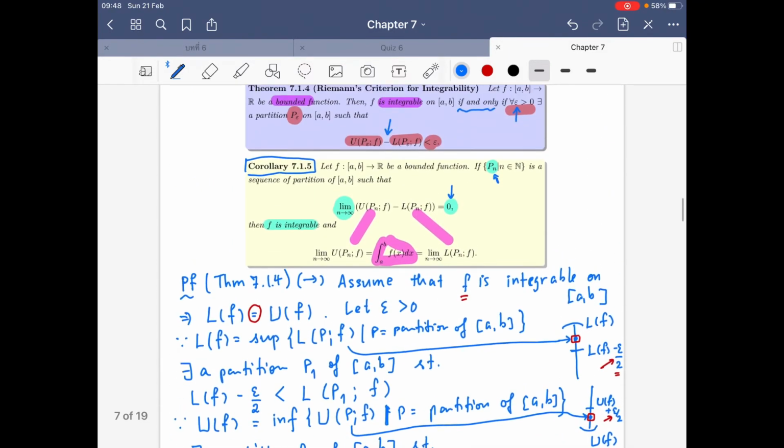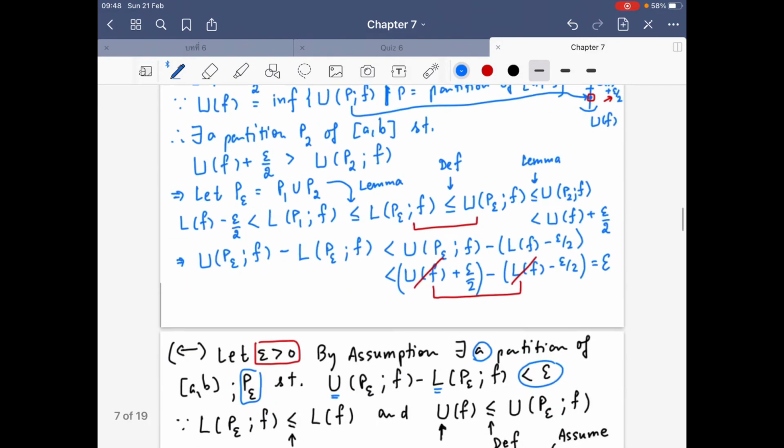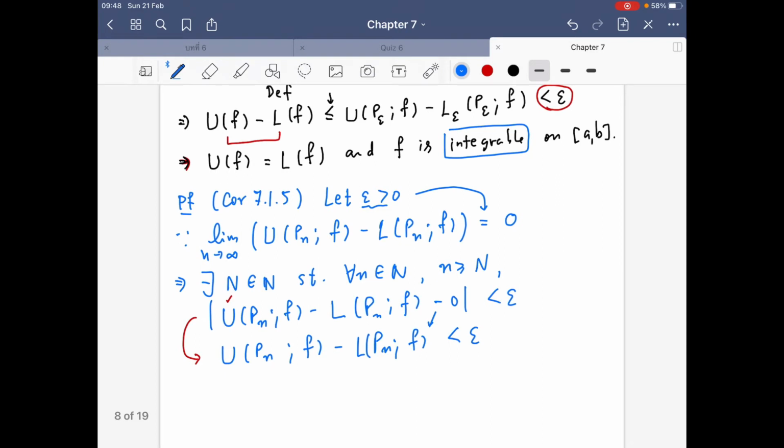The theorem says that you need only one partition, right? Only one partition for which this inequality occurs. But right now, actually you got several partitions because this partition P_n can have this property for each and every n that is bigger than or equal to that capital N, right? So it means that in particular, because we need only one of them, right?